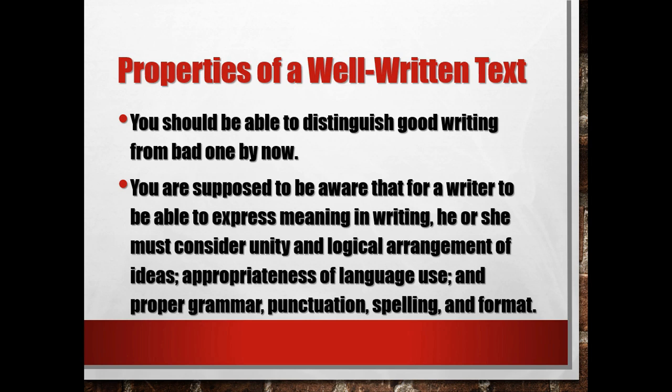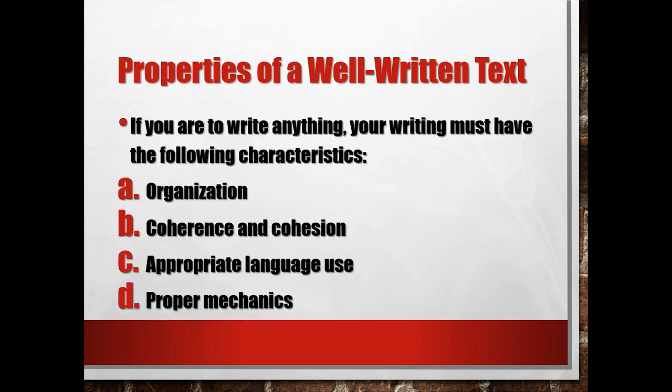Unity, meaning the ideas are united, present in one central idea, and logical arrangement, meaning there is a proper order of discussion. Appropriateness of language use, that's simple. Is the language too formal, or is the language too hard to understand? Proper grammar, punctuation, spelling, and format. All of these are characteristics of a well-written text.